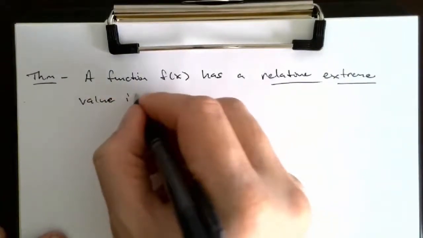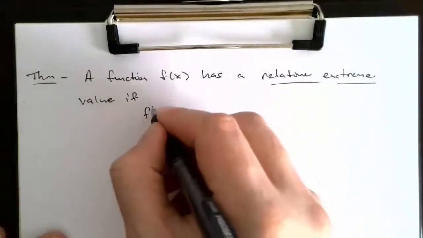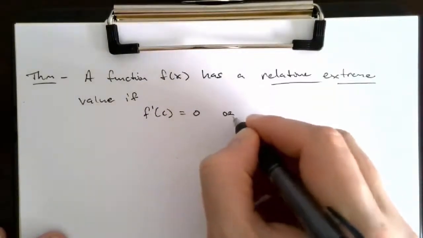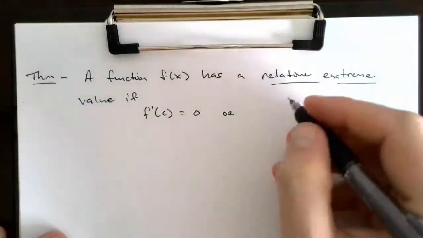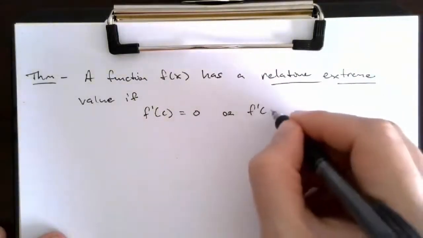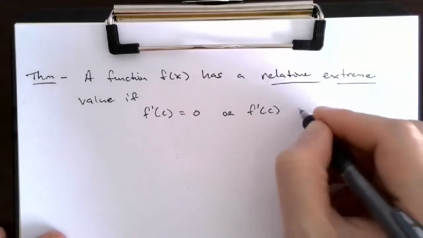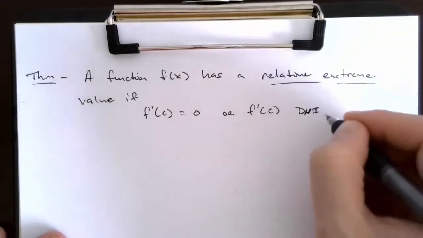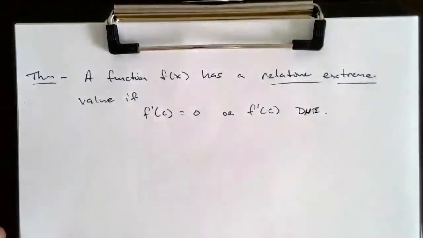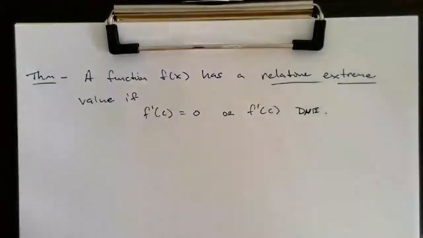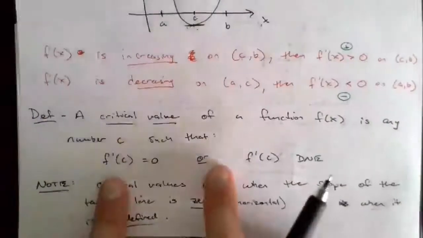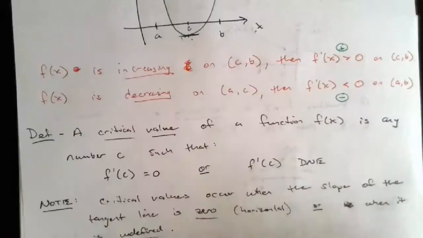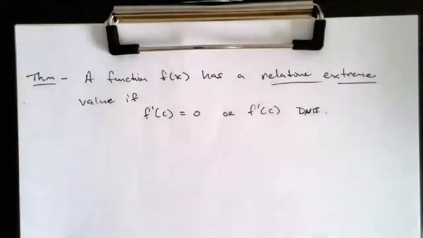If f prime of c equals 0, or f prime of c does not exist. So we're talking about this same critical value c, right? So the critical value is where we could have a relative extreme value. That's what this c is here.